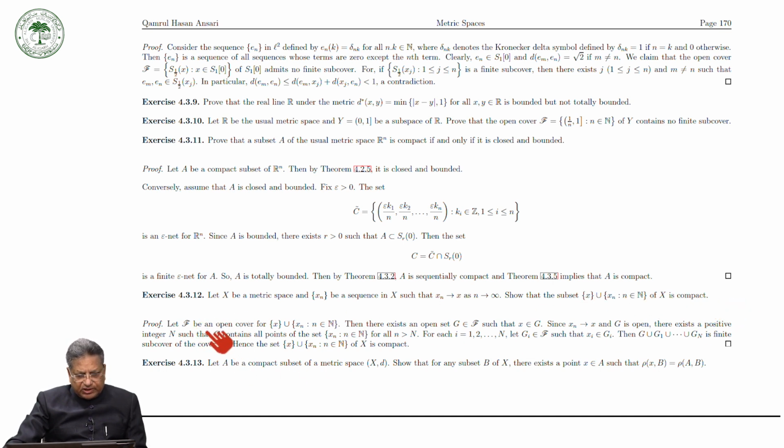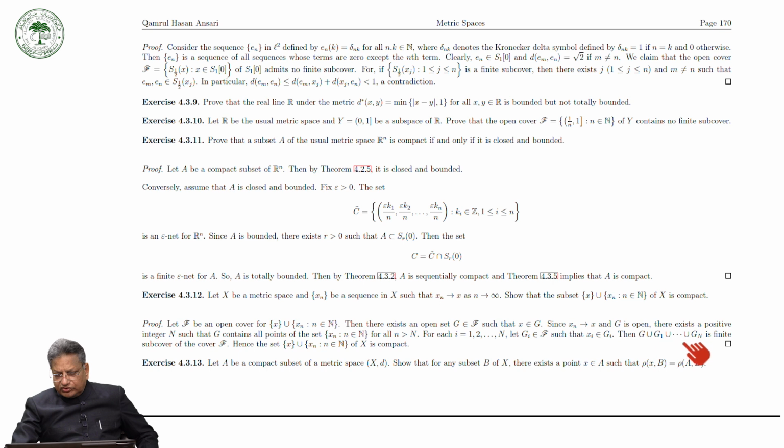So let F be an open cover of this set. Then there exists an open set G of F such that x is in G, and Xn converges to x and G is open. So there exists a positive integer N such that G contains all points Xn for all n greater than N. For each i running from 1 to N, let Gi be an open set in F such that Xi is in Gi.